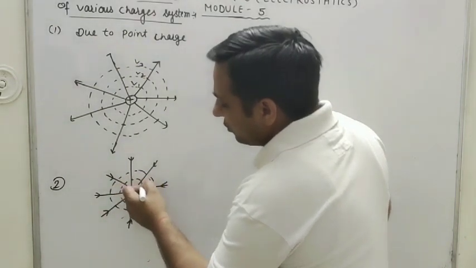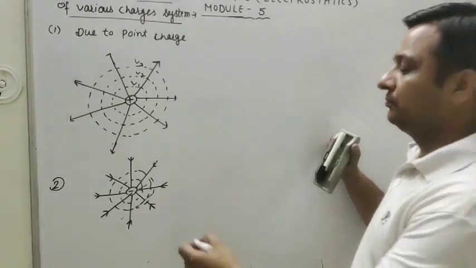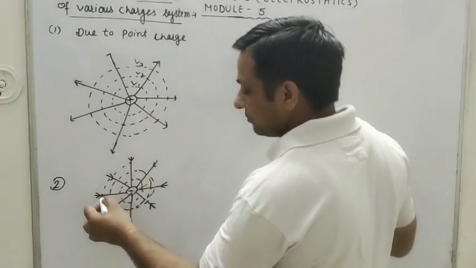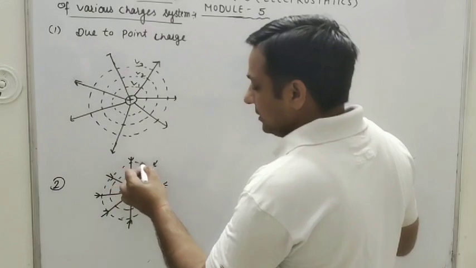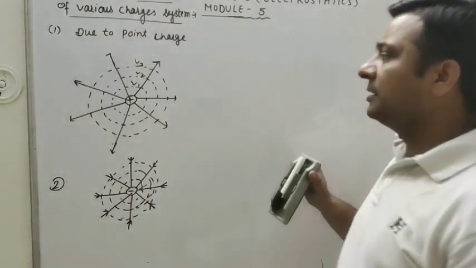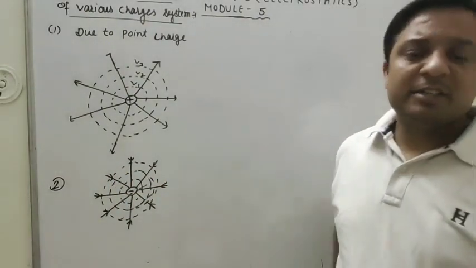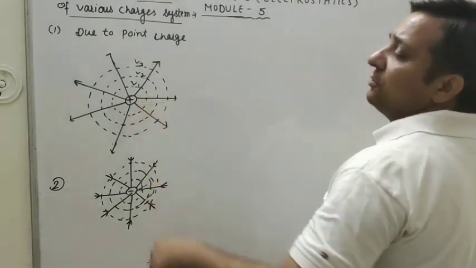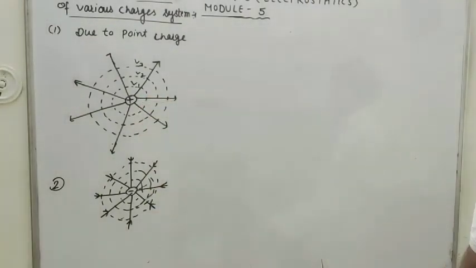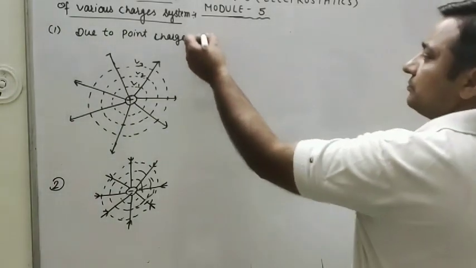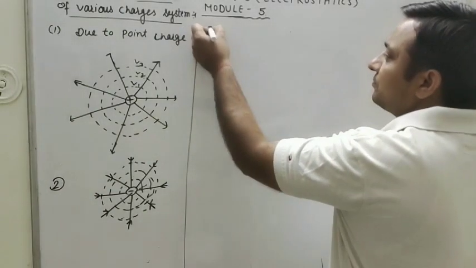You can draw a lot of circles here. And these are the equipotential surfaces due to point charges: this is due to a positive charge and this is due to a negative point charge.